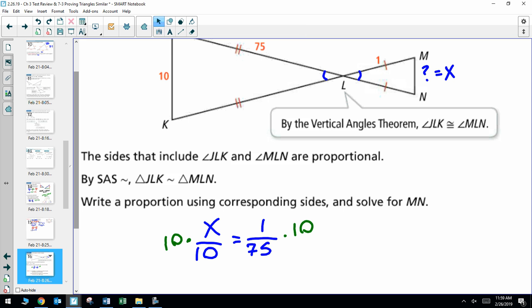And that gives me, so over here, that's going to cancel out. I have x equals 10 times 1/75th. Remember, if you're multiplying a whole number times a fraction, you only multiply into the numerator, right? This is the same thing as 10 over 75.